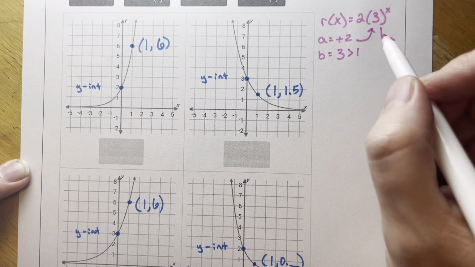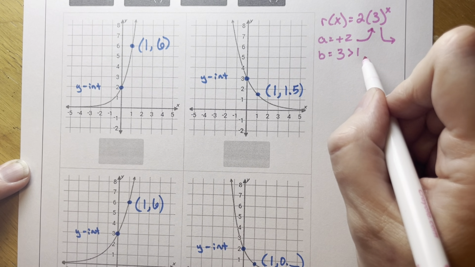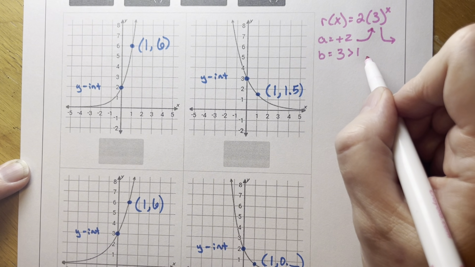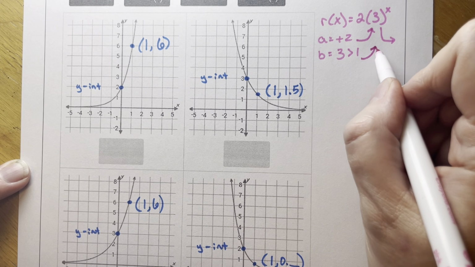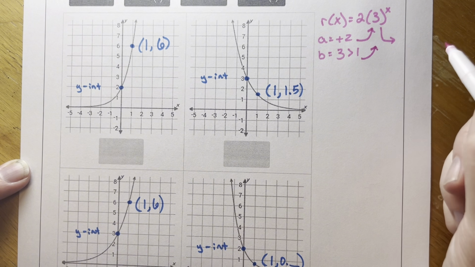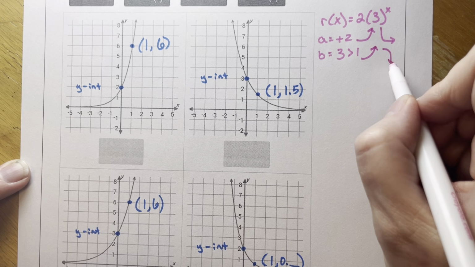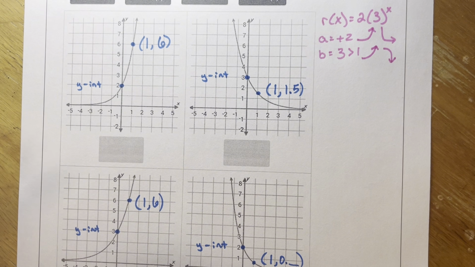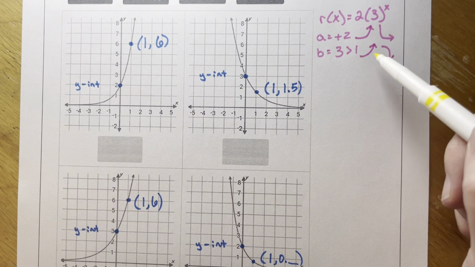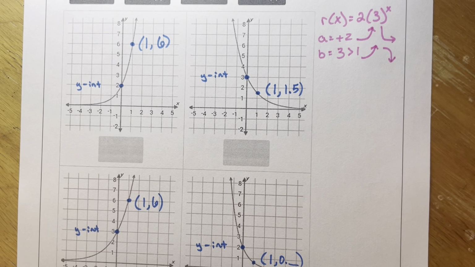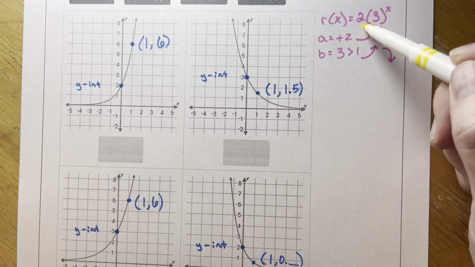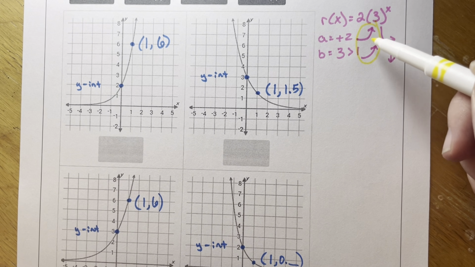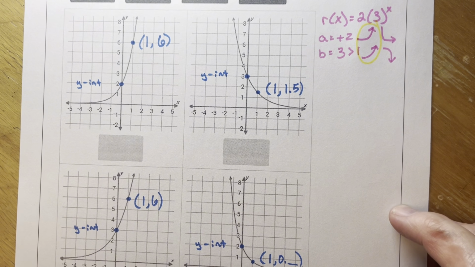And we've seen from the intro and previous examples that where b is greater than 1, our graphs can travel up and to the right, nice and steep, or down and to the right, nice and steep. And we see here from our a and b the different styles, directions of travel of our graphs. We have this nice steep upward movement up and to the right happening.